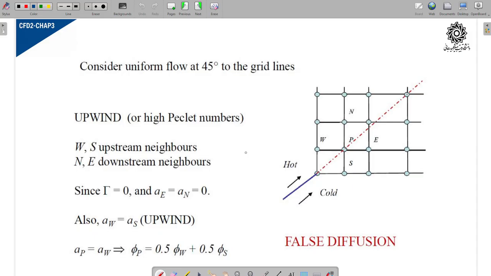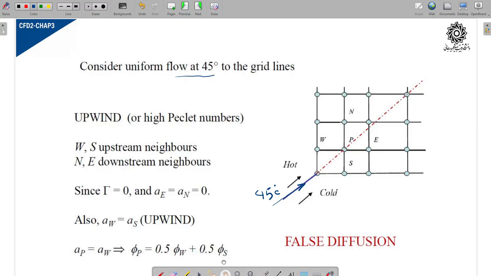For the case that the flow direction is at 45 degrees related to the cells, the flow direction is 45 degrees relative to the side of the face of cells, or grid.